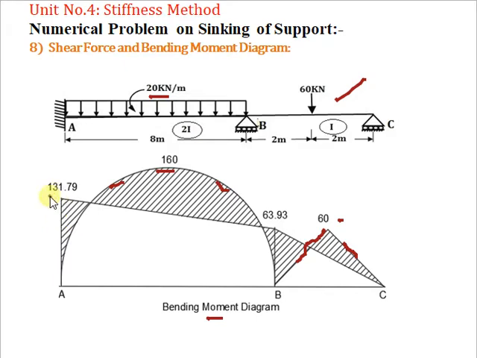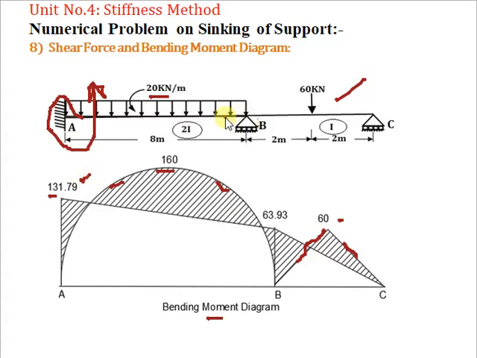Our end moment at A is 131.79 kN meter, and it is in an anti-clockwise sense, a positive value. So you have to rotate about A in an anti-clockwise sense. After cutting the member AB, the arrow is coming up, so you have to show it up.